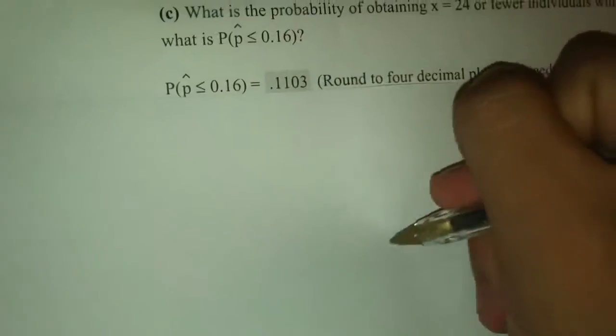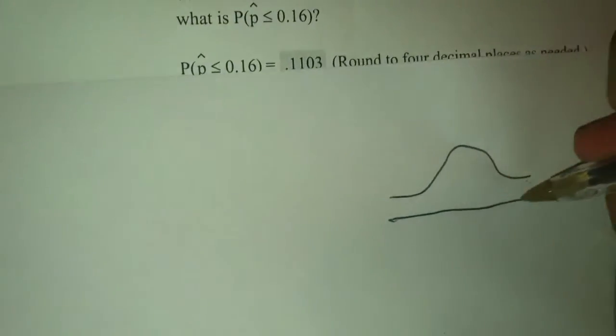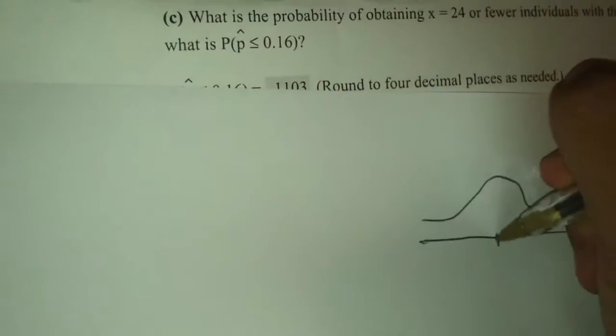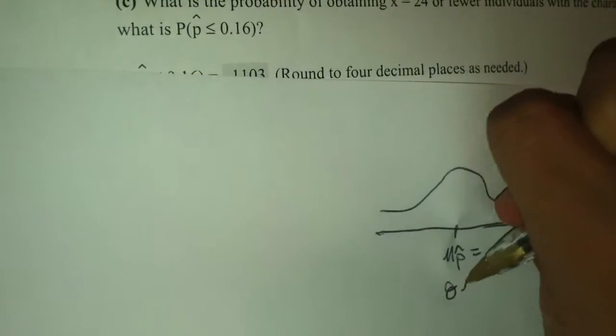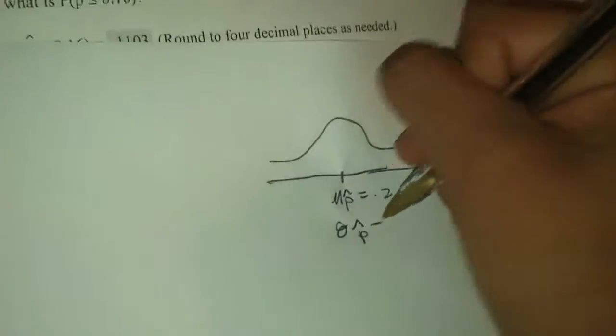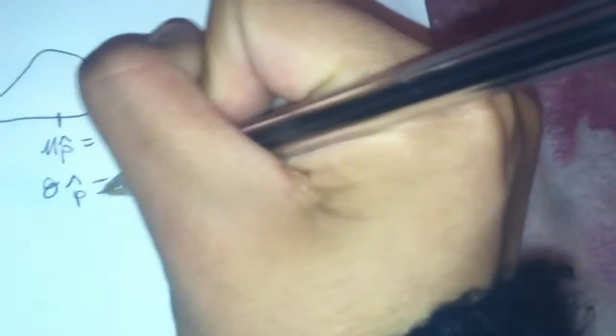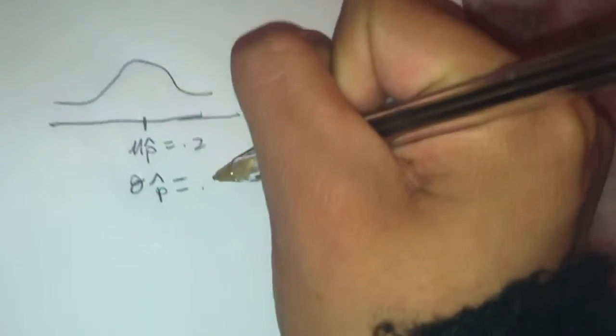So let's draw the little normal distribution, with p hat equals 0.2 and the standard deviation equal to 0.032660.